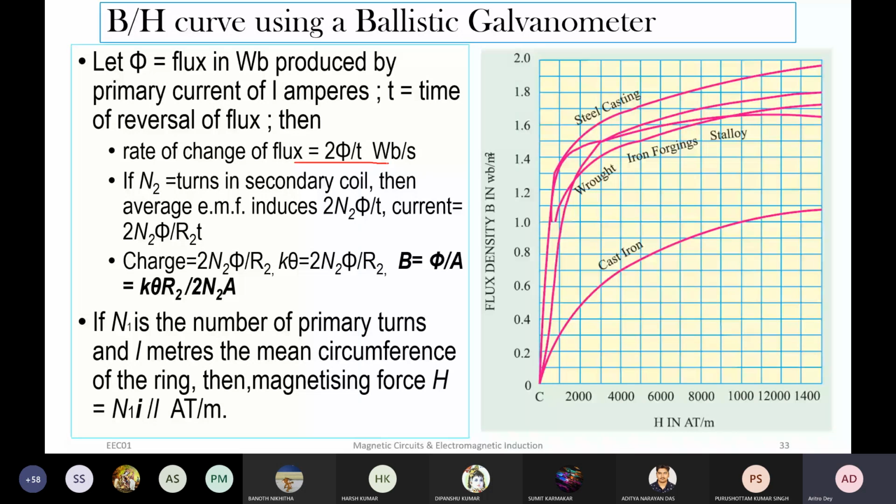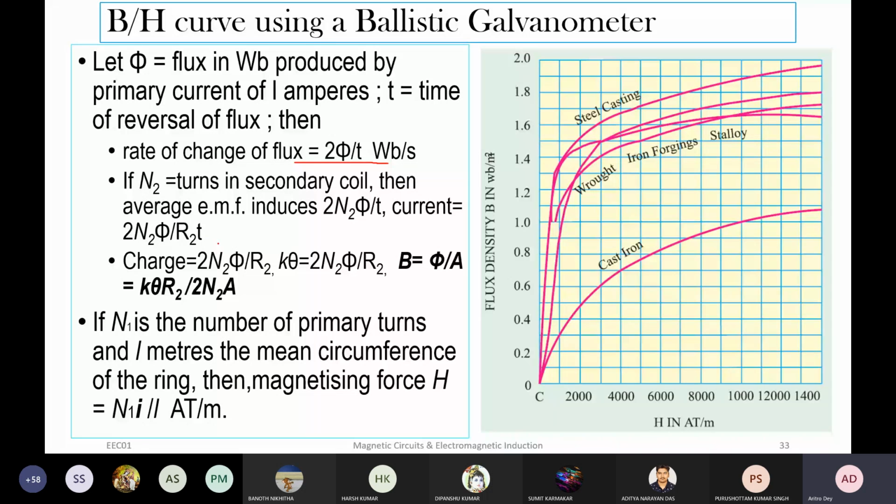If that flux is linked with the N2 secondary coil, then 2 phi by t into N2 will give you the induced EMF, and if the resistance is R2, then 2 N2 phi divided by R2 t will give you the total current, and charge is equal to that current into t.